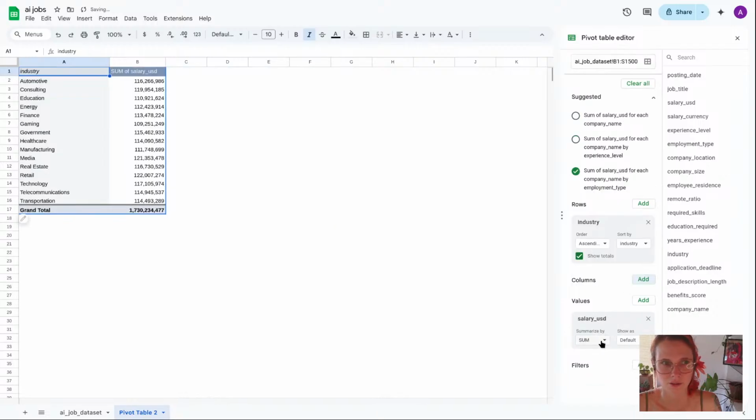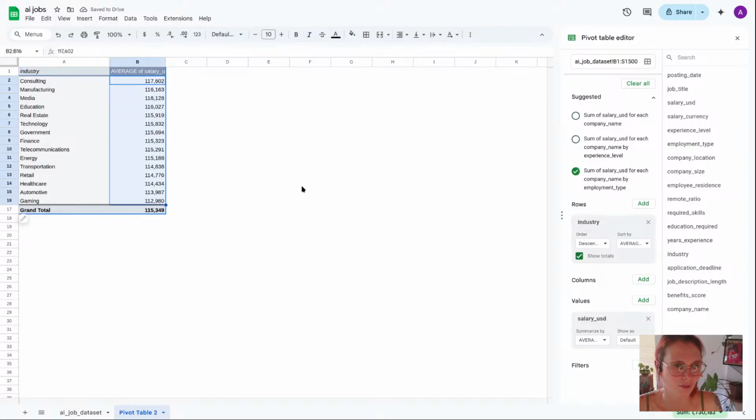And what is the average salary across industry? What you see here is that the salaries are kind of comparable, which could be also interesting, you know, like there is no variation in this data. And I would visualize this probably as a bar chart if I had to, or I would just find a different story because it's, again, not the most exciting one.